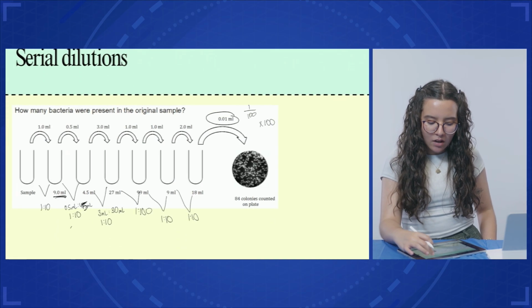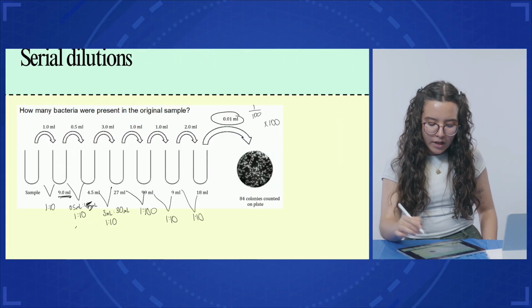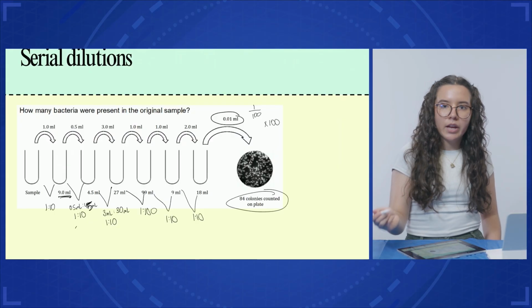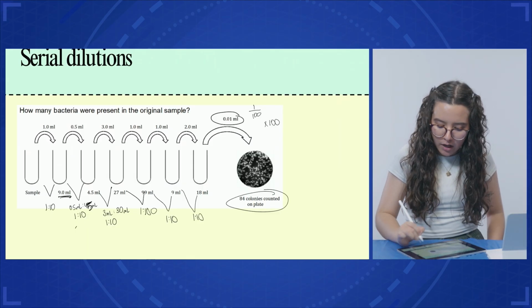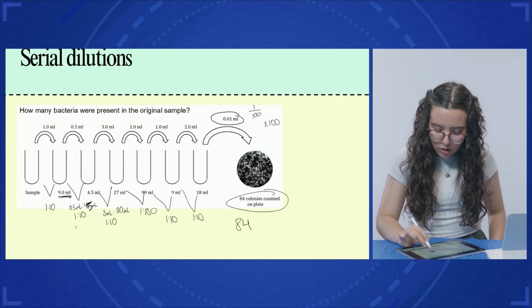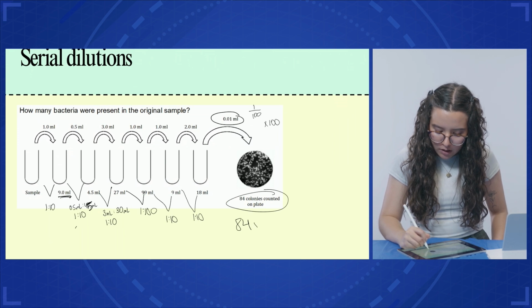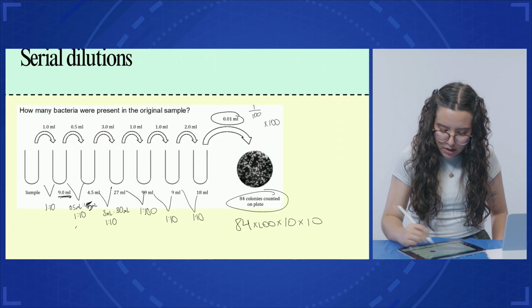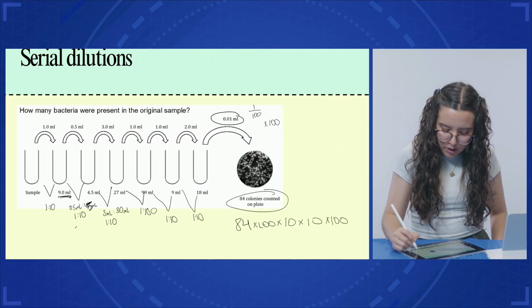So the way we now put all of this together is, you see it says 84 colonies counted on the plate. So now we're working backwards, right to left. So we have 84 colonies, and we want to multiply that by 100, by 10, by 10, by 100, by 10, by 10, and by 10.